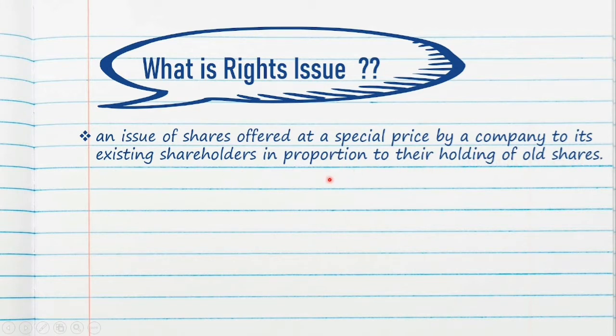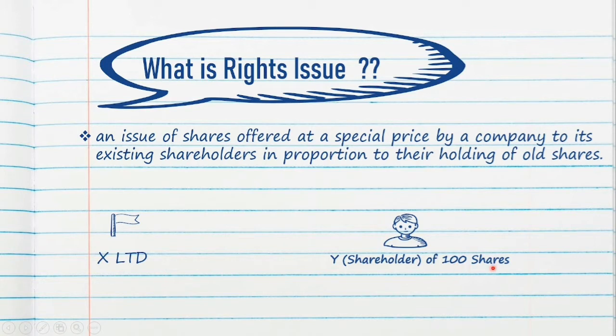Let me give you guys a small example. Here, X Limited is a company and Y is a shareholder holding 100 shares. X Limited has decided to go for a rights issue in the ratio 1:10. The ratio 1:10 means that a shareholder holding 10 shares of the company is entitled to purchase one additional share at the rights issue price.